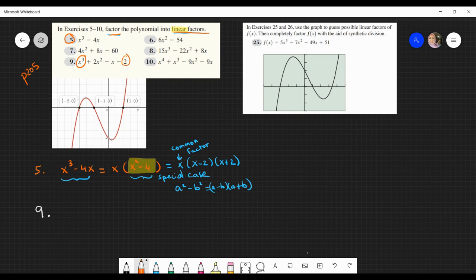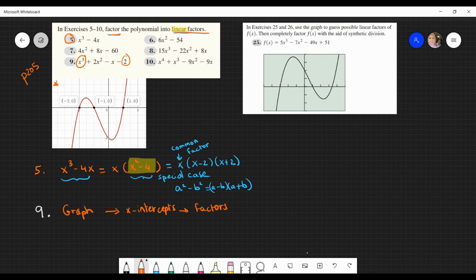The easiest way would be just to graph it. So if you graph the cubic polynomial in number 9, you're going to get this graph right here that I graphed on Desmos. And I can see all the x-intercepts. And after you graph it, you're going to look at the x-intercepts, and from the x-intercepts, you're going to write down the factors.